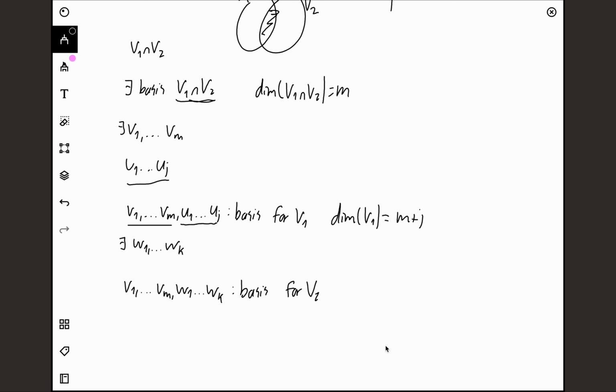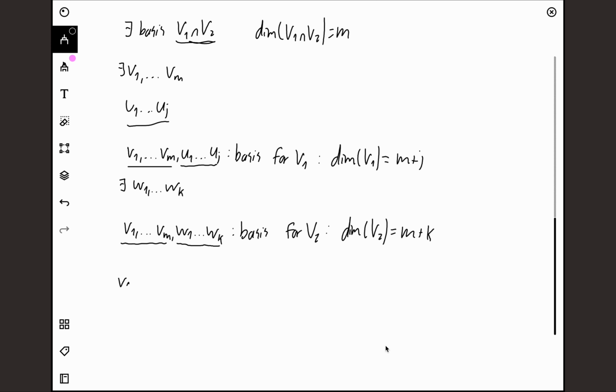And for V2, the dimension of V2 equals m plus k. We have m v basis vectors and k w basis vectors. So let me write this a bit nicer.